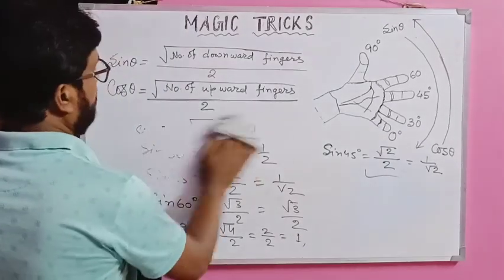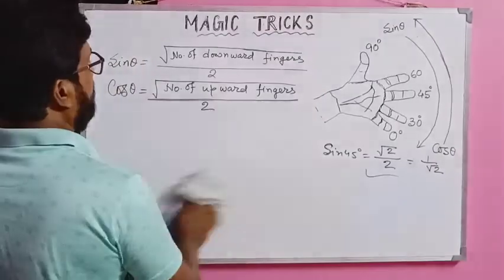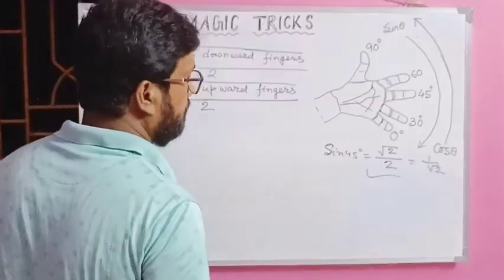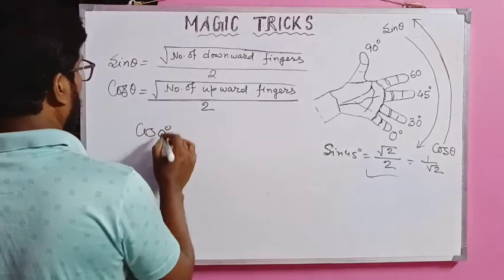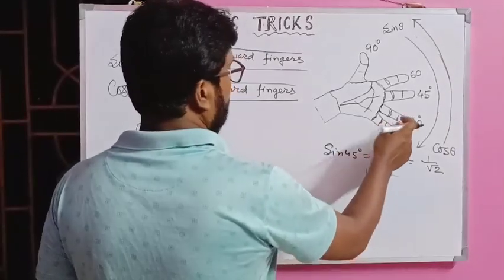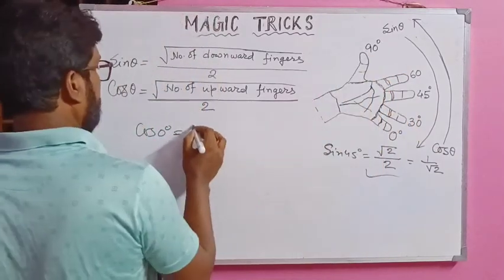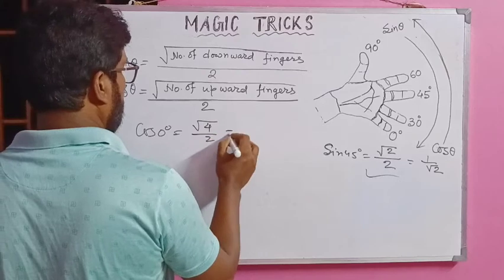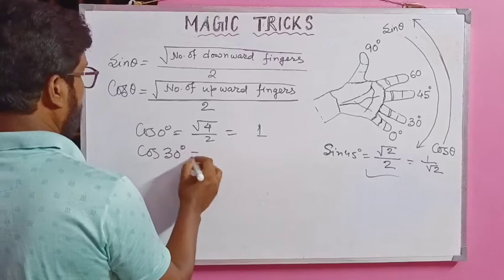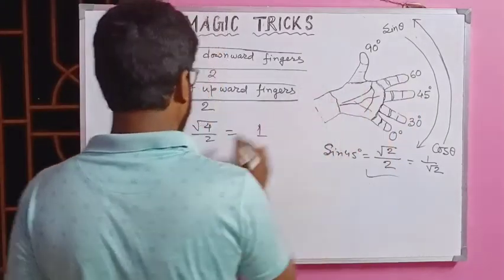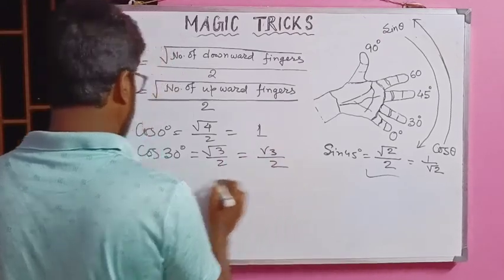Now I am going to calculate the value of the cos function. Cos 0 degrees: here is 0 degrees, there are 1, 2, 3, 4 fingers left in the upward direction, therefore root 4 by 2 equals 1. Cos 30 degrees, there are 3 fingers left, therefore the value is root 3 by 2.